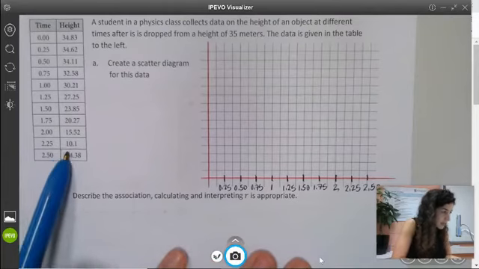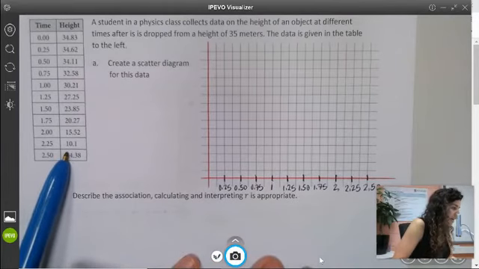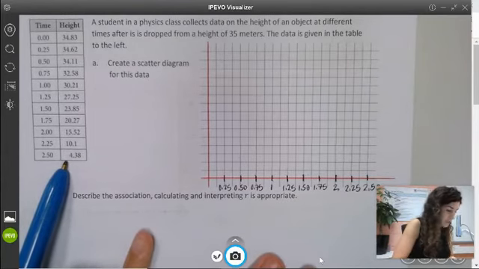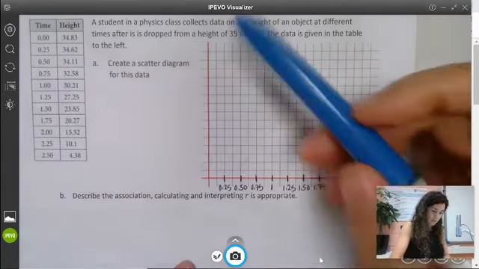All right. Our smallest number here is 4.38. So I have to really start at 0 here, and then I need to go all the way up to 35.